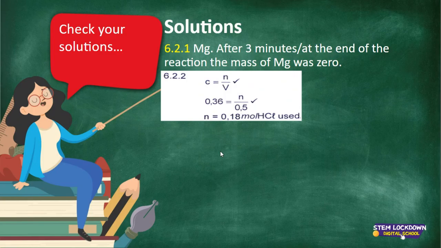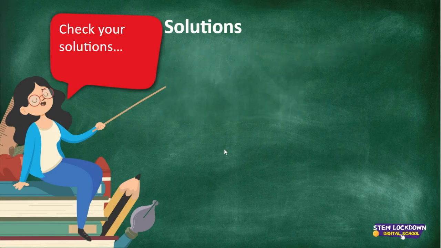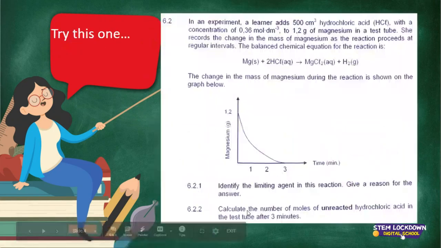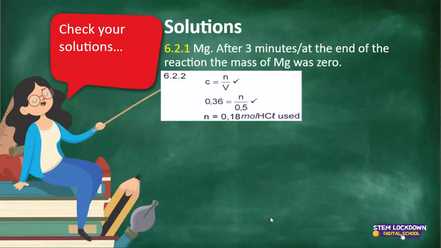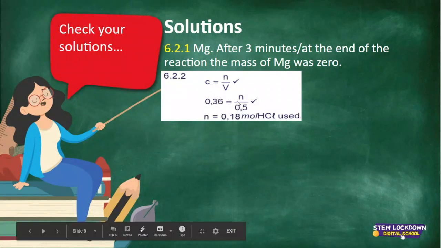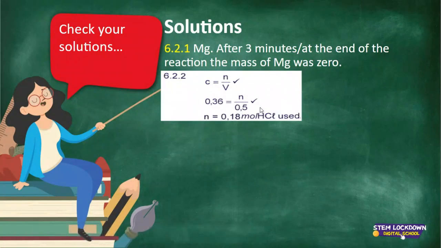Now let's calculate the number of moles of unreacted hydrochloric acid. So let's start by first calculating the number of moles that was there.